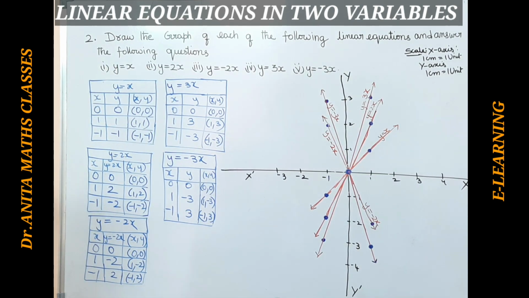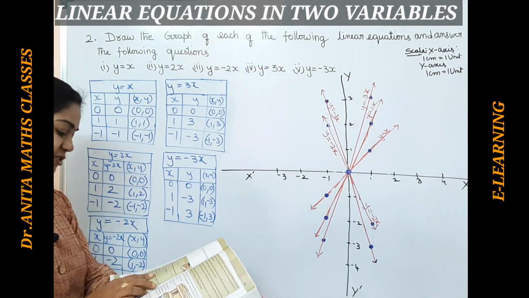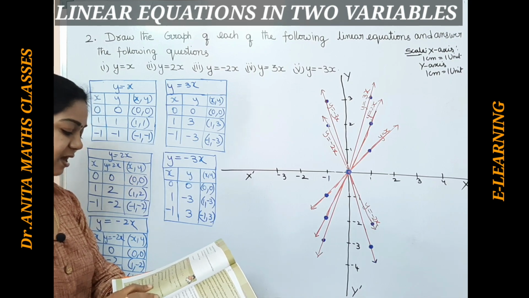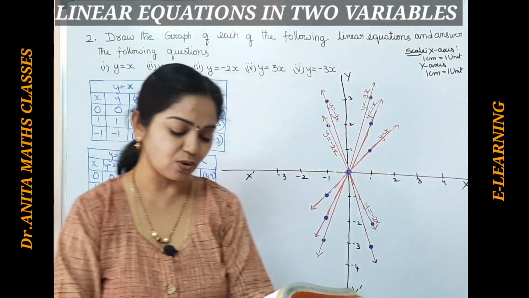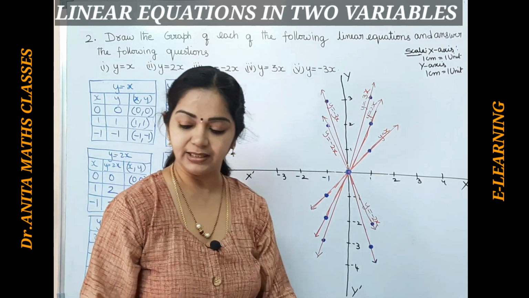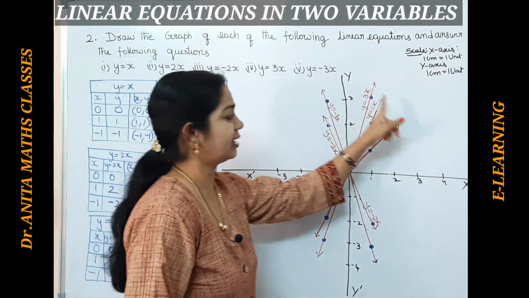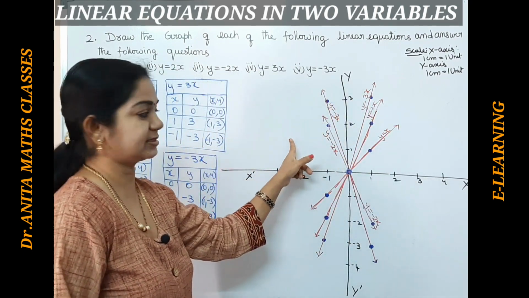The question is that we have to answer the following questions seeing the graphs. In your textbook, the first one is, are all the equations of the form y is equal to mx where m is a real number? Yes.